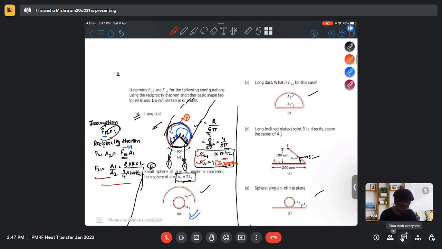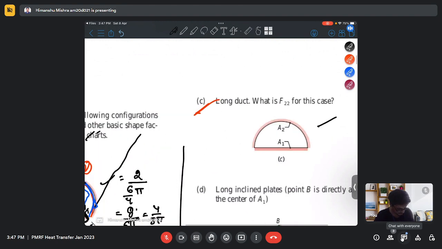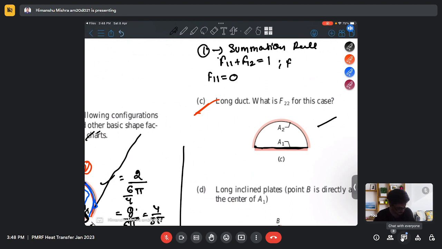So the next part is C. Again we can use the summation rule here for surface 1. And since this surface 1 is a flat surface, F11 is 0 and my F12 will become 1. That means the amount of radiation going out from surface 1 will all be received by surface 2. The 100% of the radiation is received by surface 2.